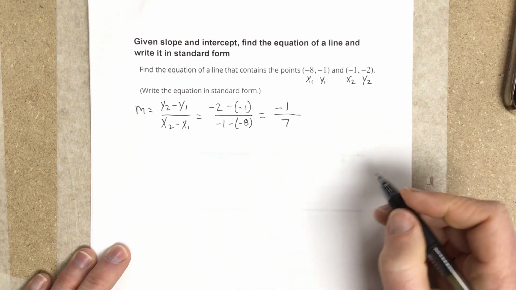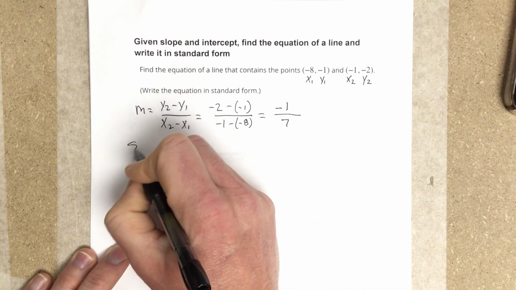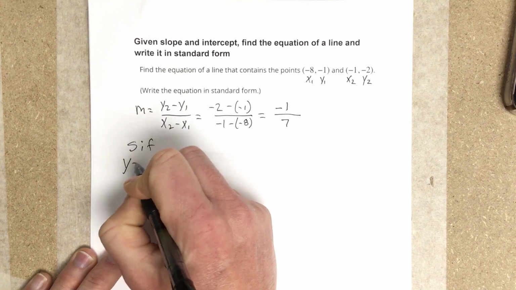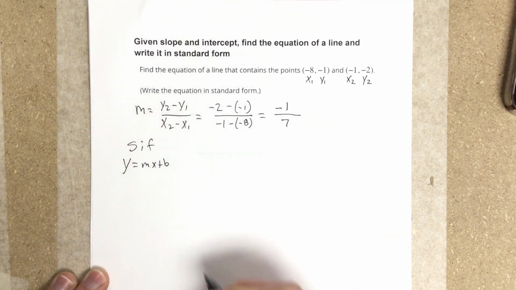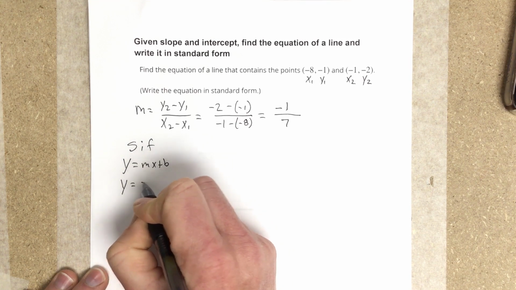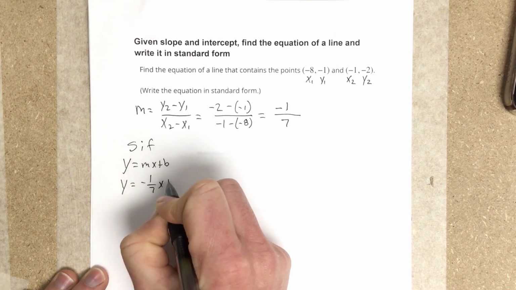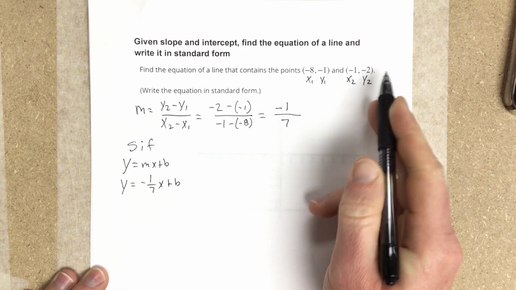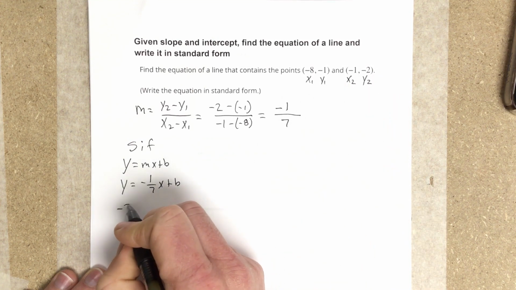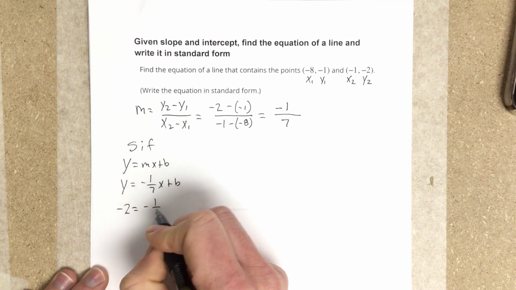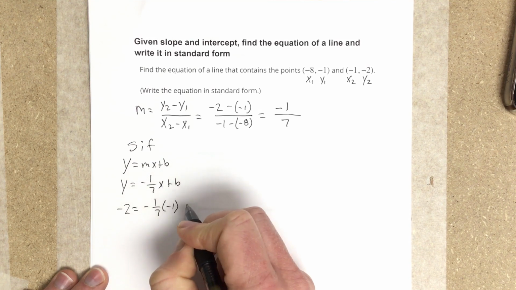Then we're going to use slope-intercept form. So we'll come over here and say SIF, that's y equals mx plus b. So we have y equals negative 1/7 x plus b. Pick one of the coordinates, doesn't matter which one. Let's use the second one this time. Negative 2 equals negative 1/7 times negative 1 plus b.